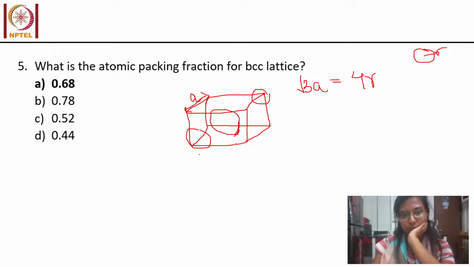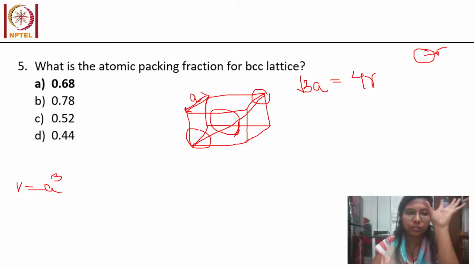So we have the body diagonal starting from here up to here. This root 3a is equal to 4r. Then simply what we will do, we will find out the volume of the unit cell. Volume of the unit cell is my a cube.